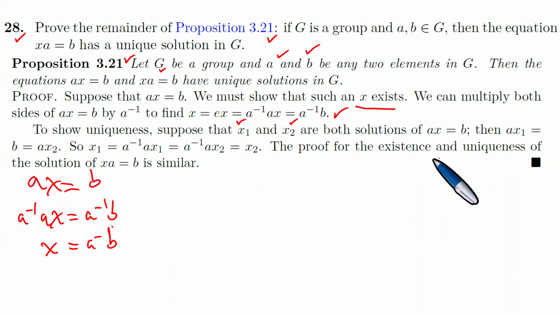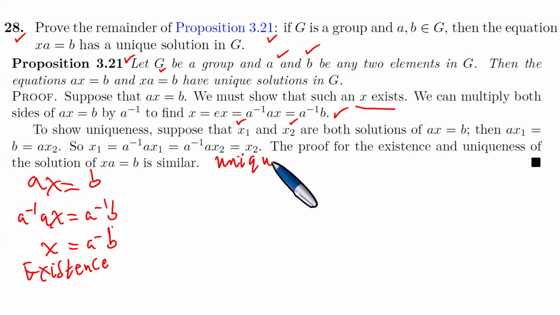The proof for the existence and uniqueness of the solution for the other equation is similar. So here we have proven existence. In other words, we're saying the X exists. Now we will comment on the uniqueness.